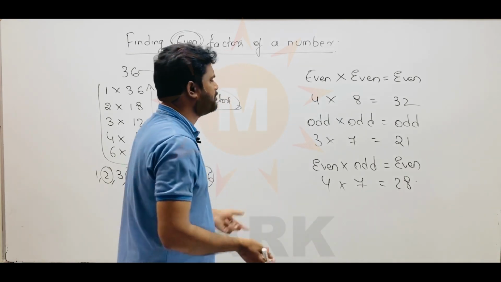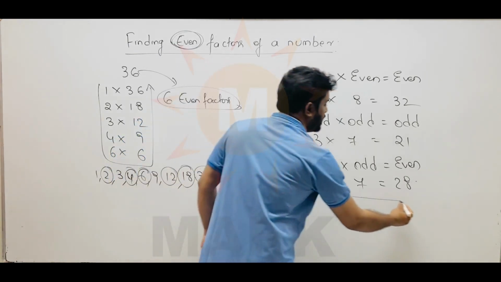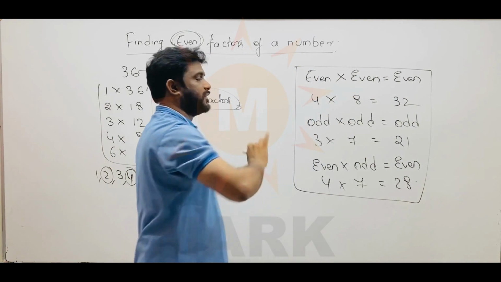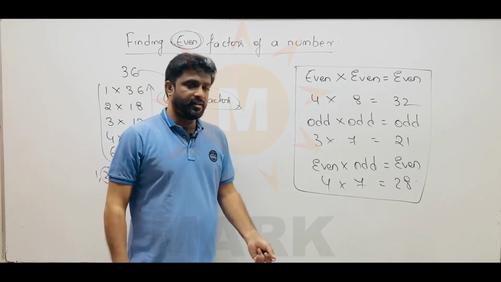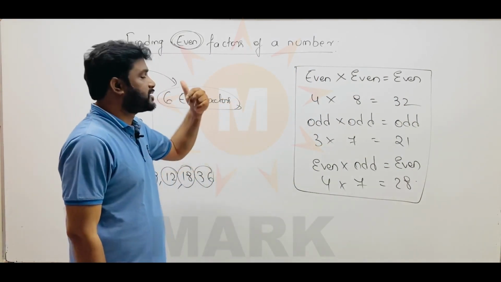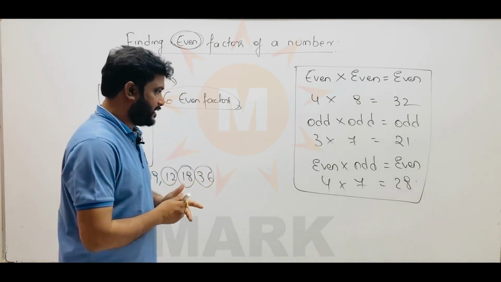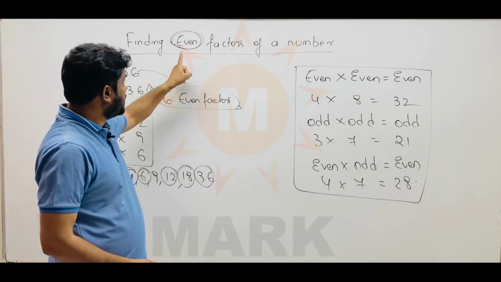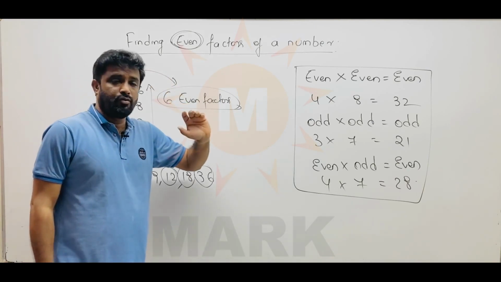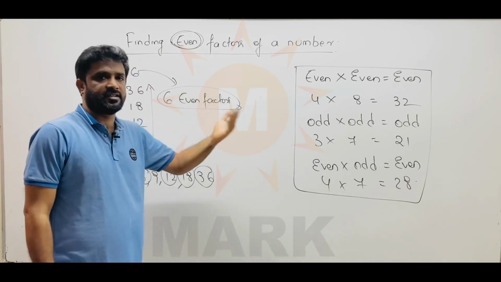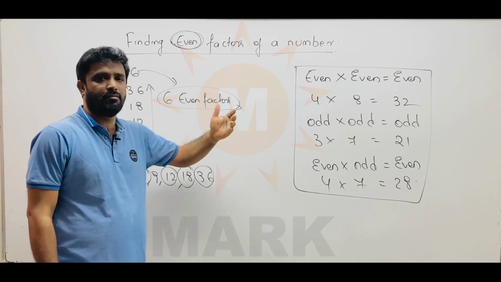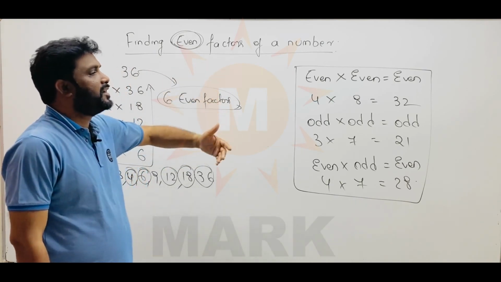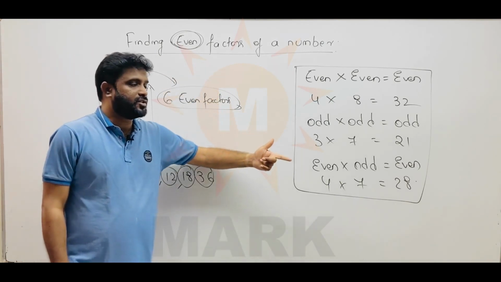This is a very basic and fundamental funda that you should know before solving this concept. Now I am going into the concept which will tell you how to find the number of even factors, which are even numbers. Then we'll discuss the shortcut also.